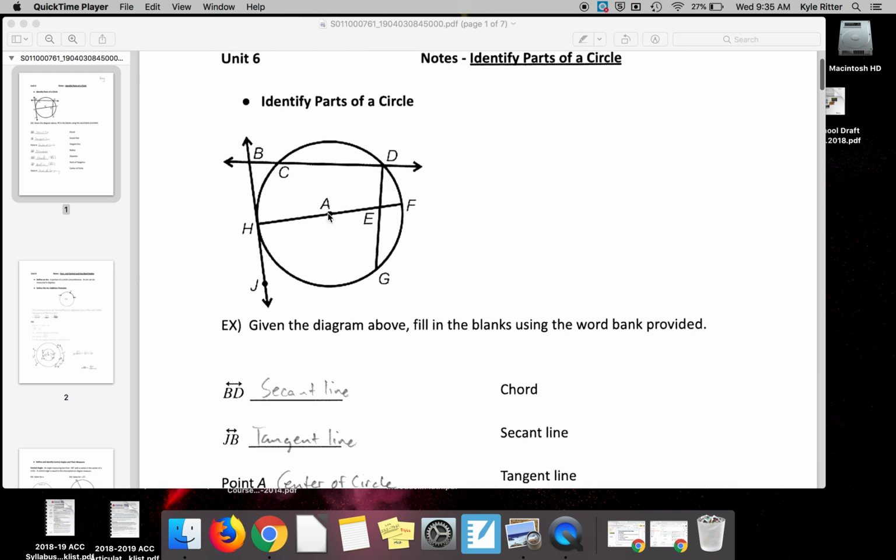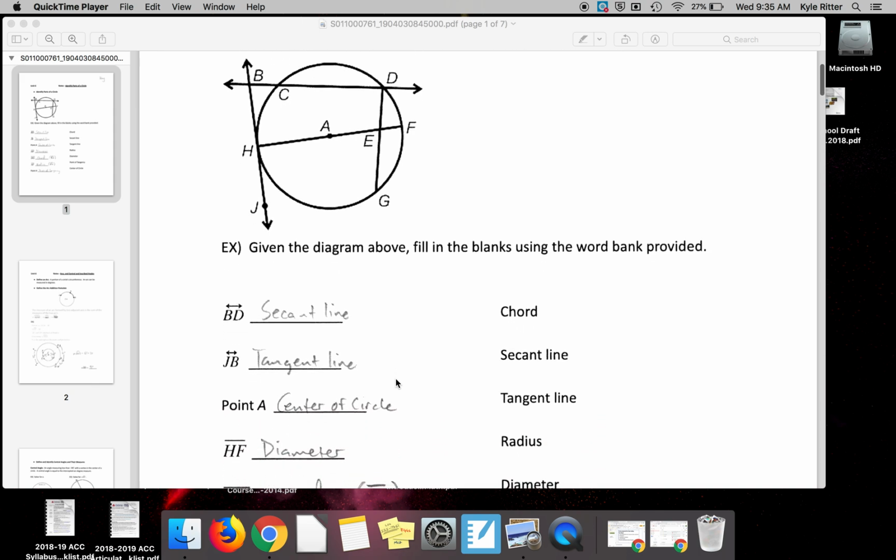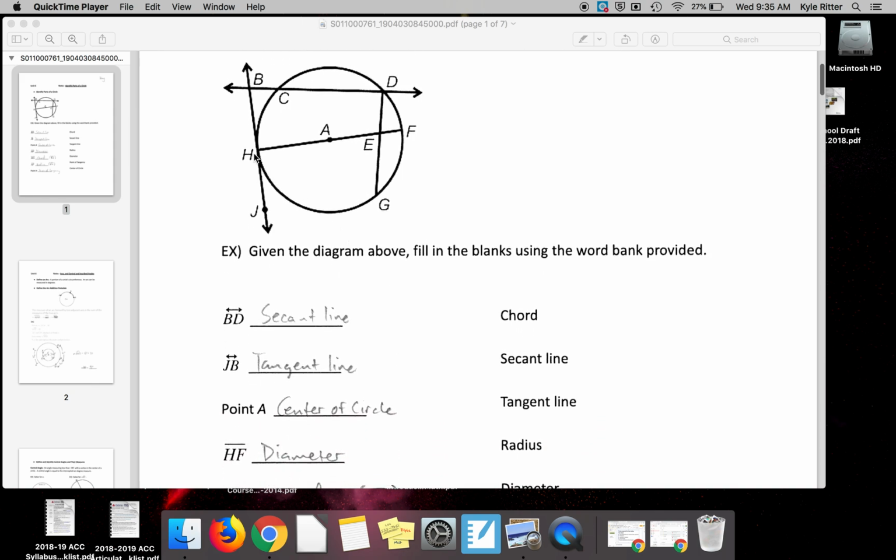A is a point located at the center of the circle, so that's what we call that point. Segment HF here is a segment running through the center of the circle, and it stretches from one end of the circle to the other. That's called a diameter.